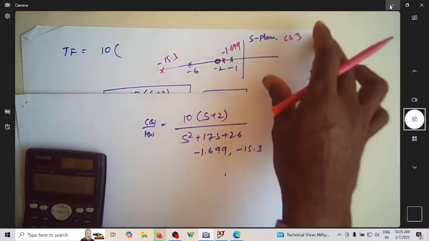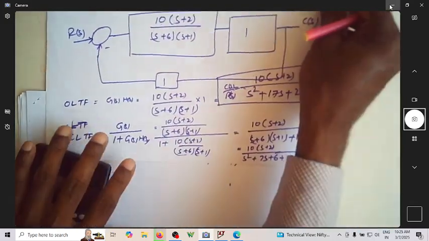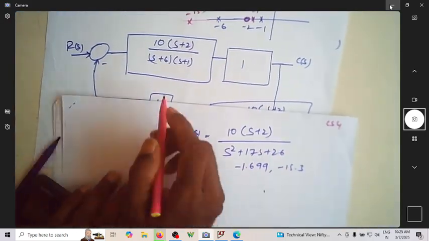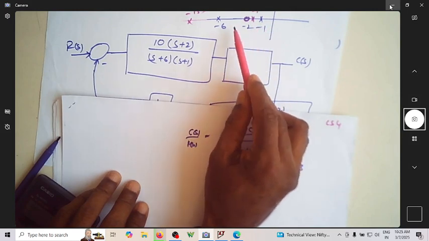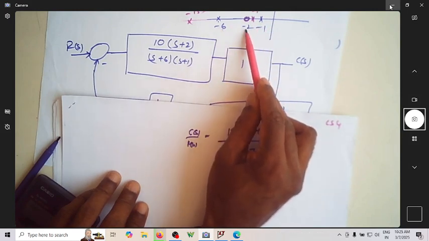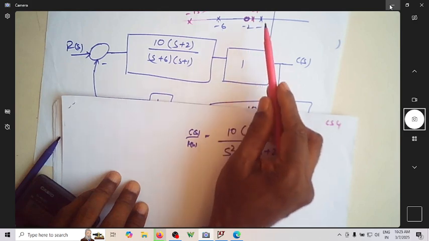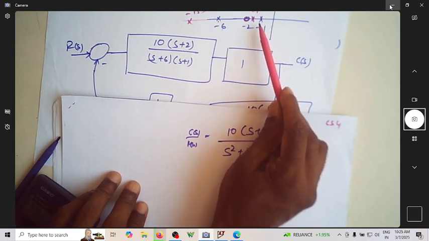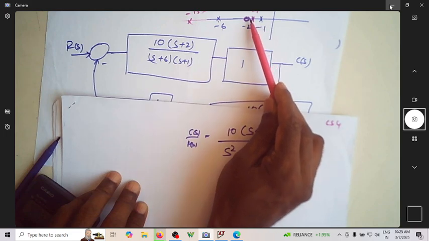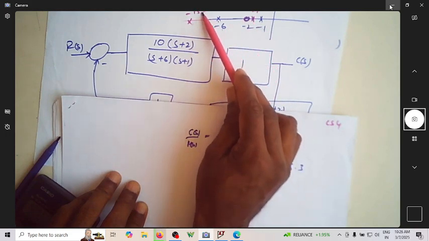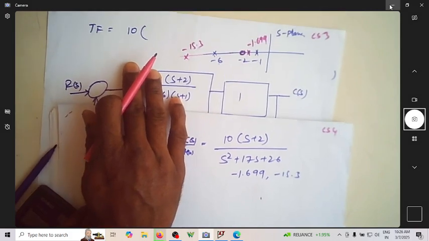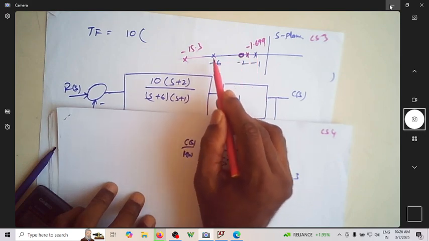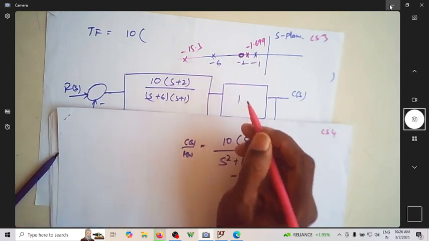Blue indicates the open loop poles, minus 1 and minus 6. The zero position is minus 2, whether open or closed. The moment you close the loop, minus 1 moves here and minus 6 goes to minus 15.3, meaning the pole positions start moving once you close the loop.